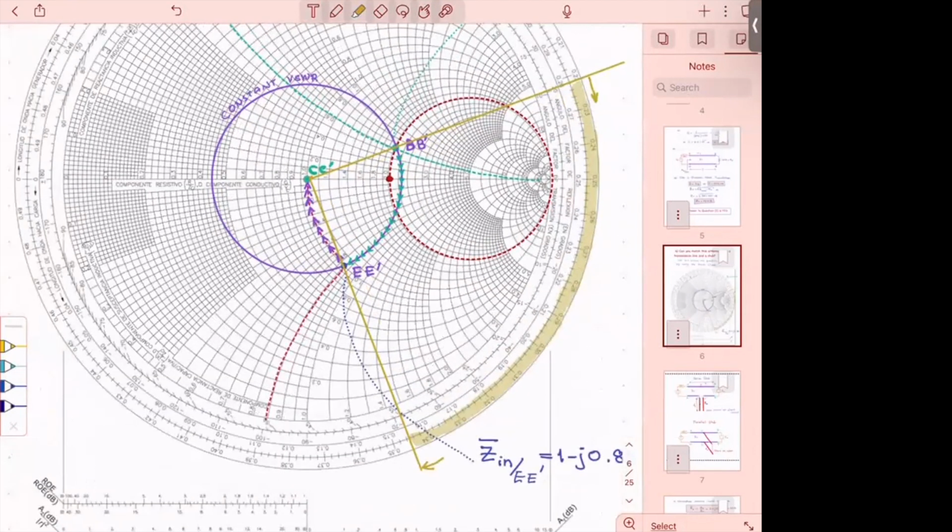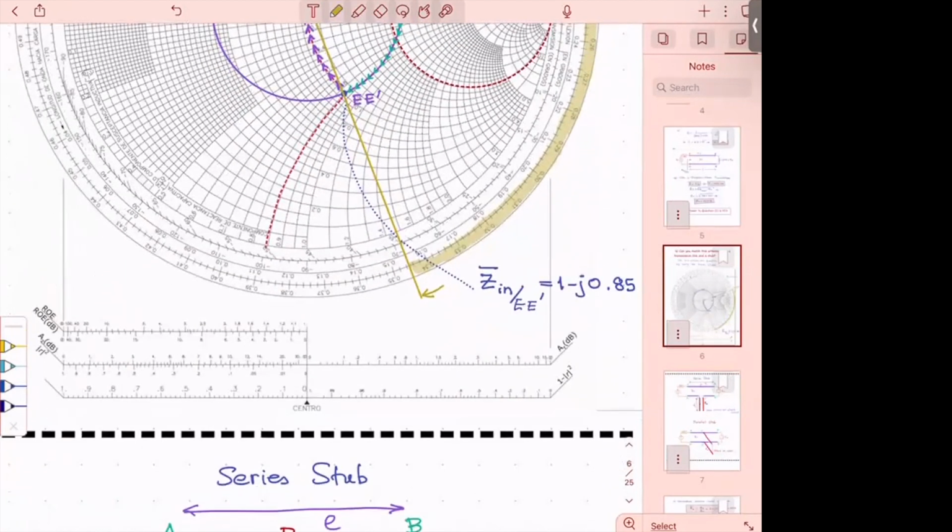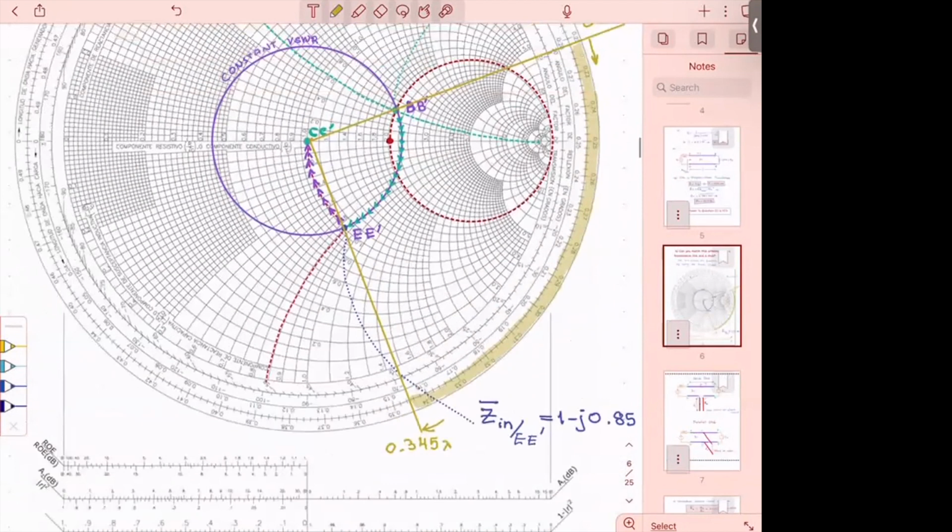So it starts at point 2, 2, 2. That's why you get very good readings, because see how many digits I can get from the Smith chart. I can get 3 digits, all right, which is very interesting. And then I'm terminating, look at the number here, it's 0.34, 0.35 there. And I'm ending at 0.345 lambda, always in lambda.